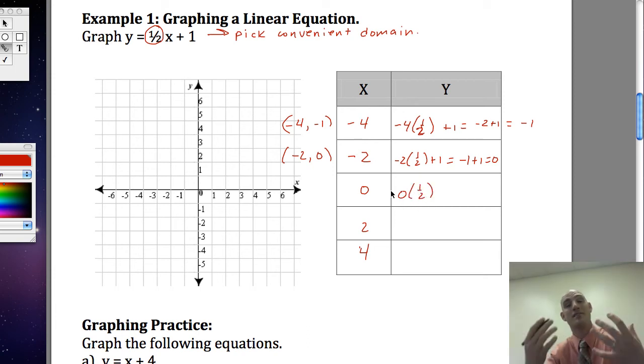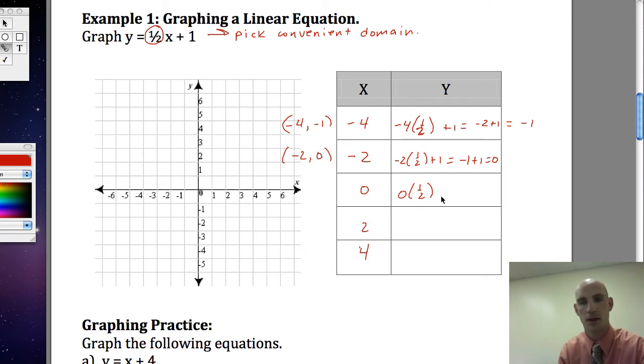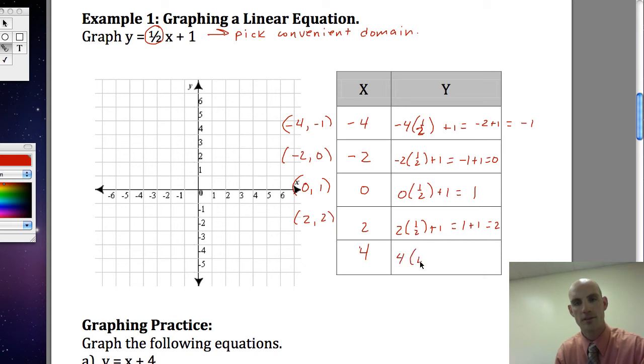See, 0 is a convenient value to pick because a lot of times it will go away because it's multiplied by something. And anything times 0 is 0, so this is 0, comma, 1. 2 times a half plus 1 equals 1 plus 1 equals 2. 2, comma, 2. 4 times a half plus 1 equals 2 plus 1 equals 3. So this is 4, comma, 3.